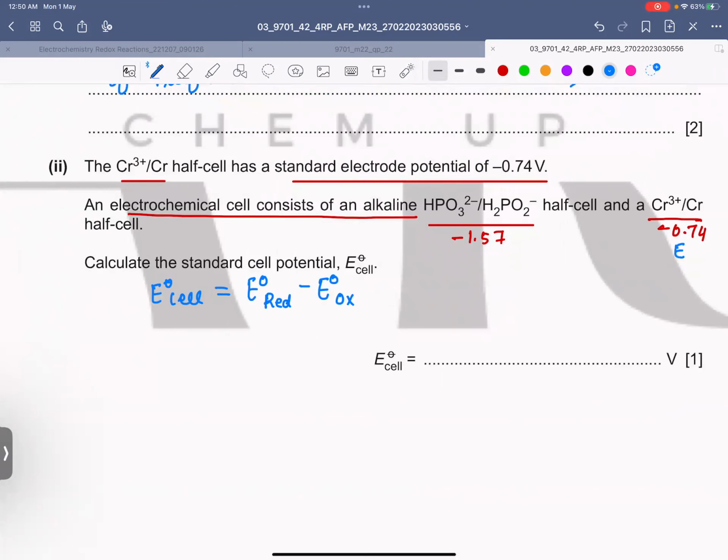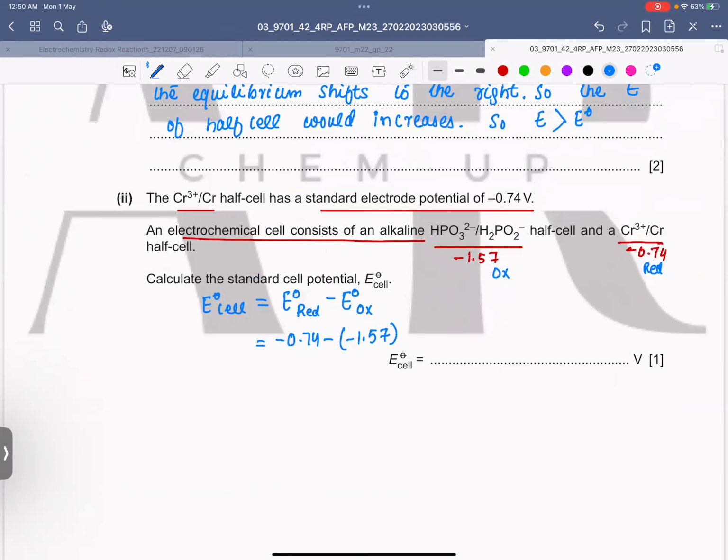So here the reduction is taking place because this one is the greater value, and here the oxidation is taking place. So minus 0.74 minus 1.57. Can anybody solve and tell me the answer? Positive 0.83 volt, right? Yes. Okay.